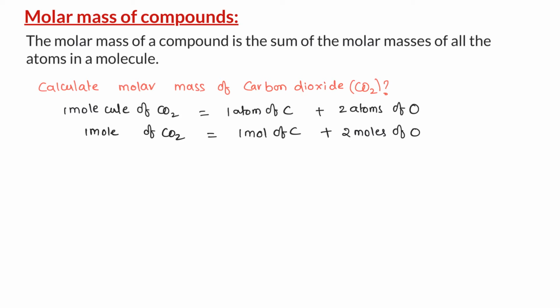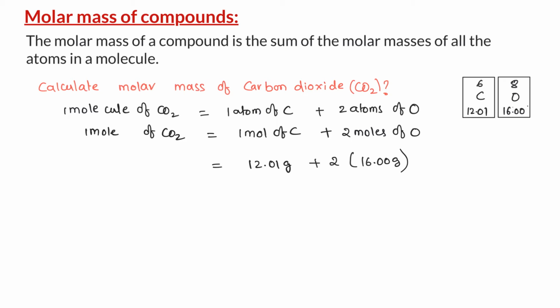We know that 1 mole of carbon atoms weighs 12.01 grams, and we can get this value from the periodic table. 2 moles of oxygen atoms weigh 2 times 16.00 grams, which is the molar mass of oxygen atoms, and we can again get this from the periodic table.